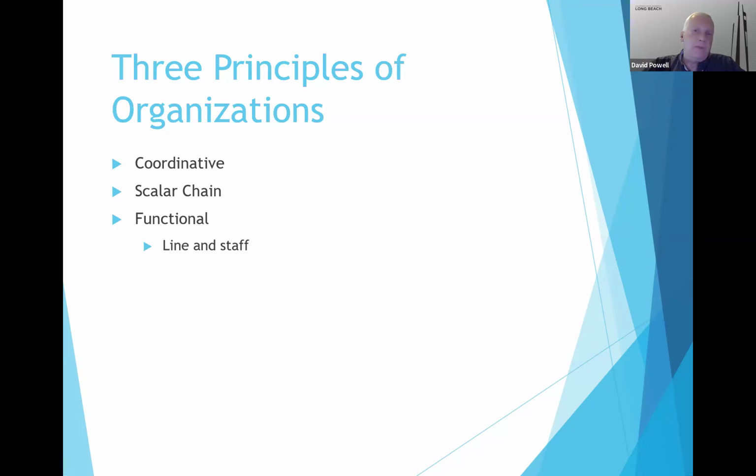And then the third principle of organization structure, that is the one that Mooney is best known for, is what's known as his functional principle. The functional principle is where Mooney actually differentiates between employees. So here, kind of for the first time, we're differentiating between two different categories, two different types of employees. There are line employees and there are staff employees.